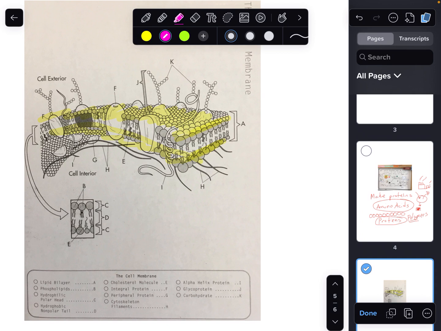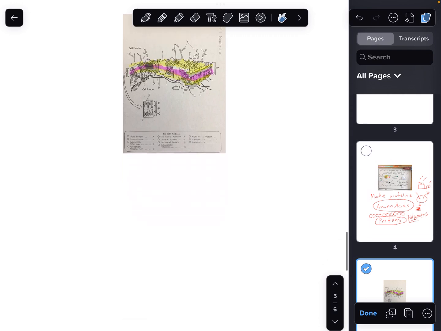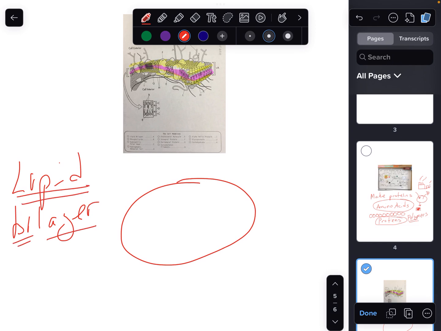And then let me choose a slightly different color. You've got a layer on the inside right here that does like water. The way these layers are put together, they make a lipid bilayer, and a lipid bilayer, so let me write that right here, is a fancy way of saying a fat double layer.